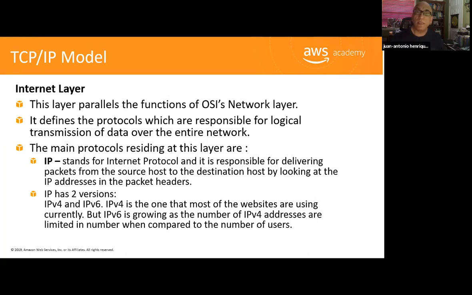Within this layer, we find some important protocols, and as we mentioned before, the Internet Protocol, IP, is used in the internet layer. It's responsible for delivering packets from the source host to the destination host by looking at the IP address in the packet headers.